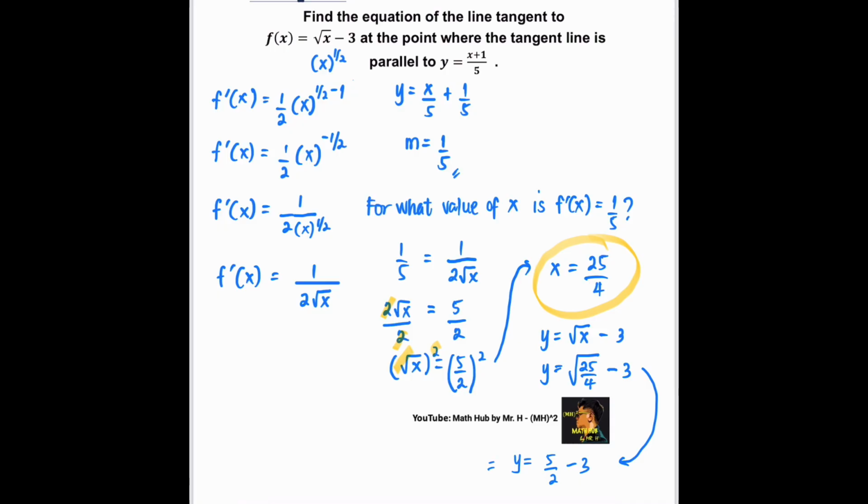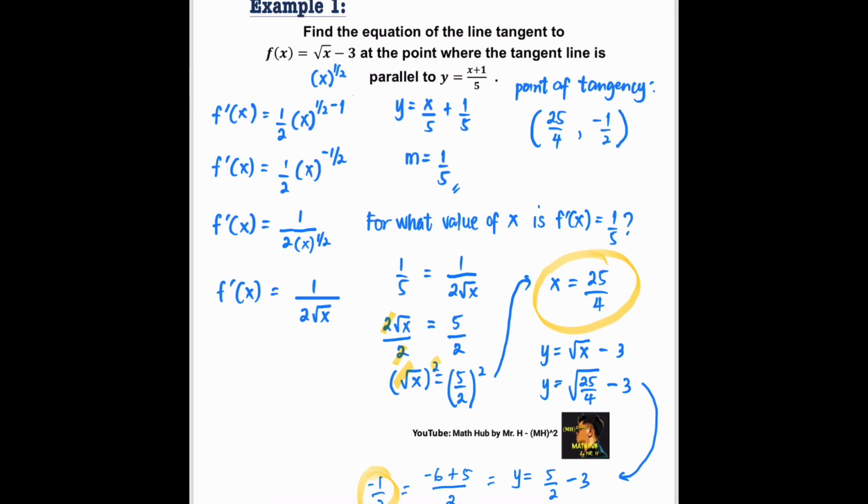So y is equal to, 2 times negative 3 is negative 6, plus 5, divided by 2. So negative 1/2. Negative 1/2 is the value of y. Therefore, the point of tangency, let me write it over here on top, is 25 over 4, comma, negative 1/2.